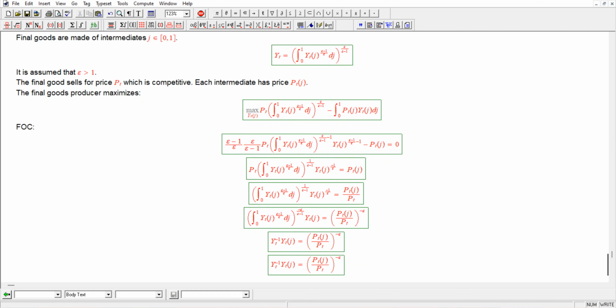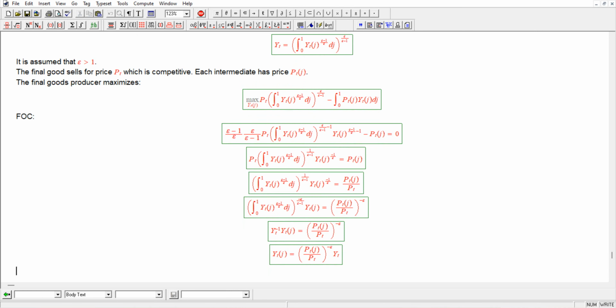So finally, when all is told, we just have that the demand for any particular intermediate is based on aggregate demand and some function of the relative price of that intermediate.